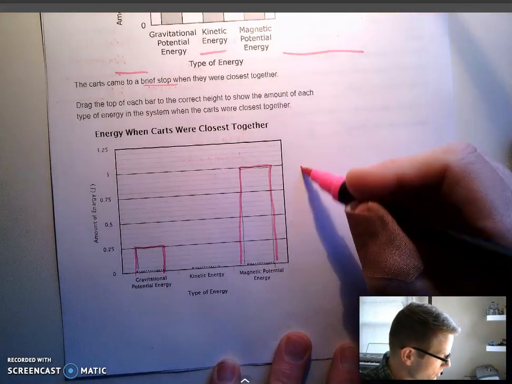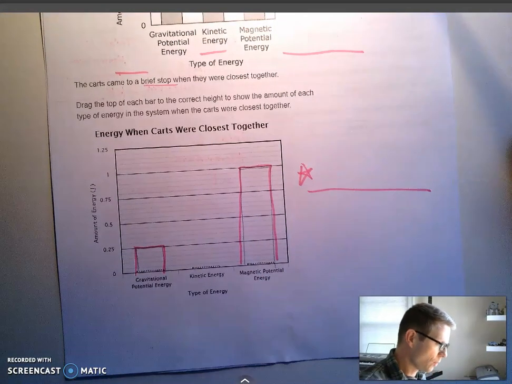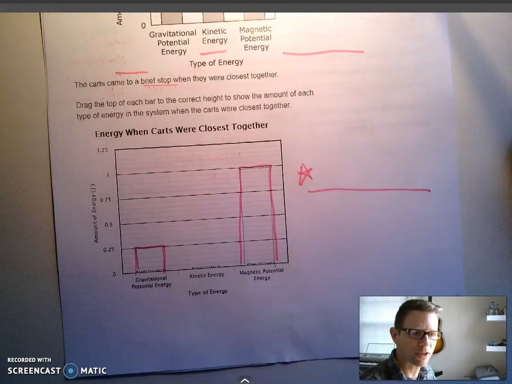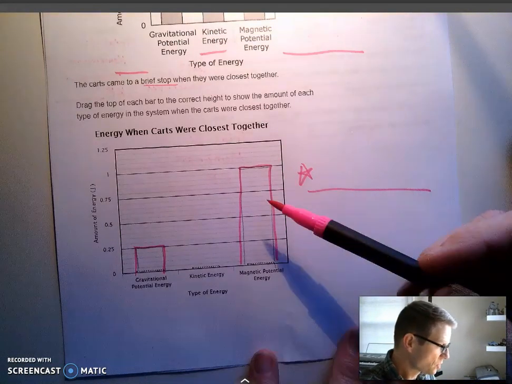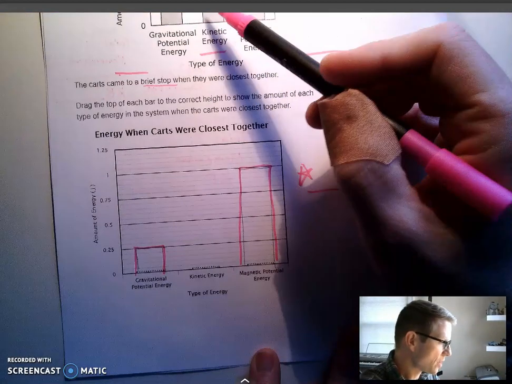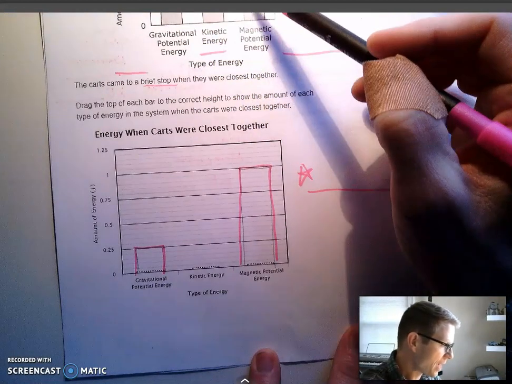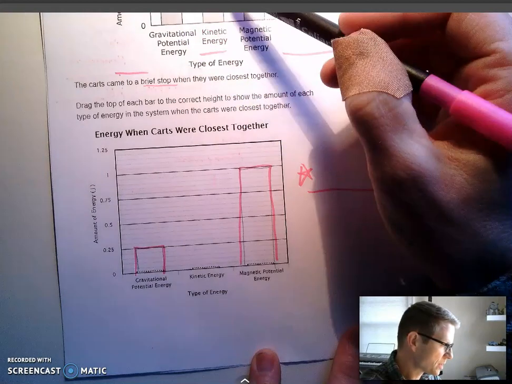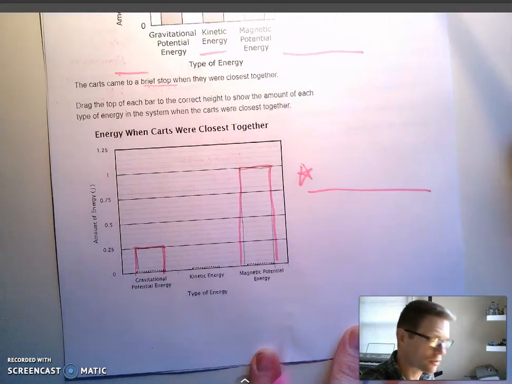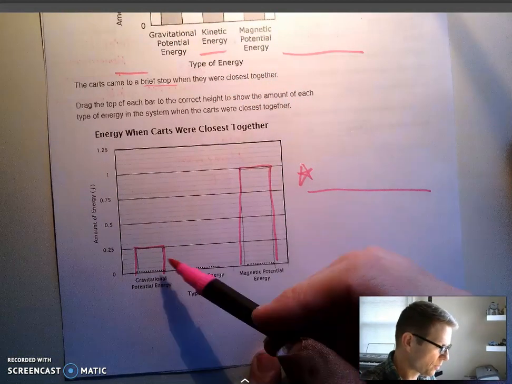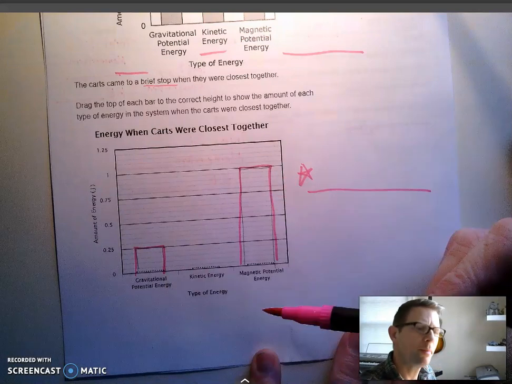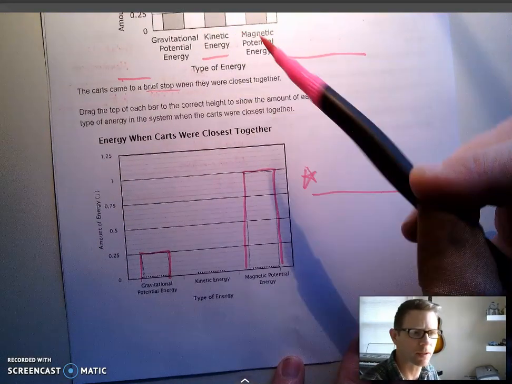And I want you to make a little note here. It has to be 1 because we have to have the same total energy. We can't lose any energy. So the total energy between all of these, if you add 0.25 plus 0.75 plus 0.25, is 1.25. Okay, well there's my 0.25. This has to equal 1 joule because this kinetic energy had to go somewhere.